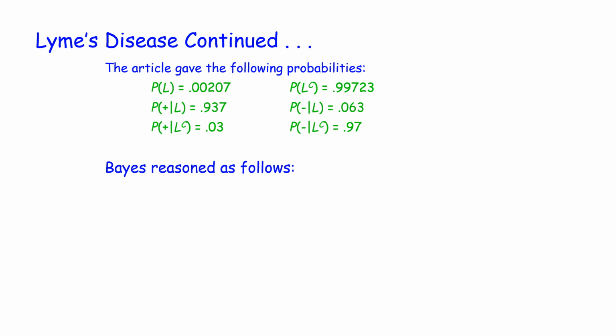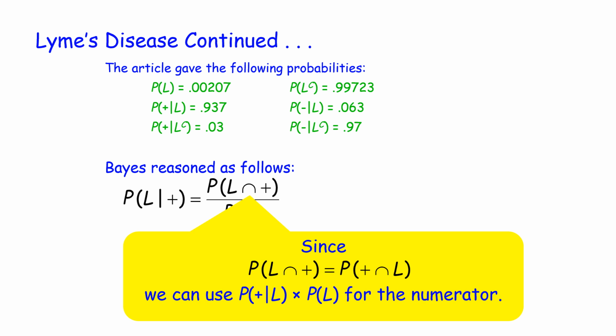So Bayes reasoned as follows. The probability of having Lyme disease given that you have a positive test is going to equal the probability of Lyme disease and a positive test divided by the probability of getting a positive test. Since the probability of Lyme disease and a positive test is the same as the probability of a positive test and Lyme disease, we can use the probability of a positive given Lyme disease times the probability of Lyme disease for our numerator.